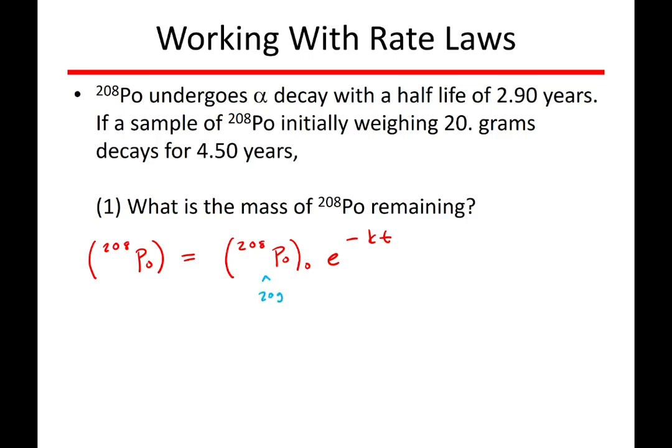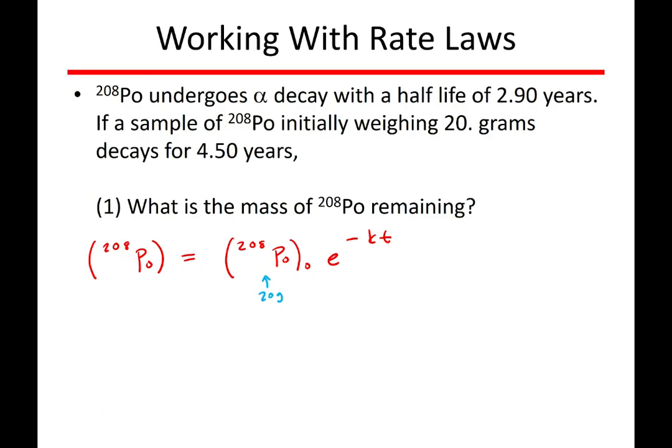If I use grams as my units for the amount of polonium-208, I'm going to get my final answer in grams of polonium-208, because this whole exponential is going to be completely unitless. Exponentials must always be unitless. So this term has no units, and you can use whatever units you want out in front here, and you'll get the same units for your new amount of polonium-208.